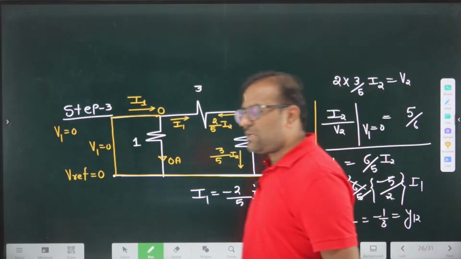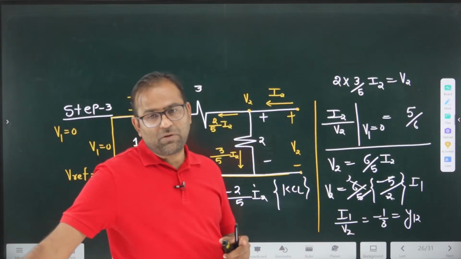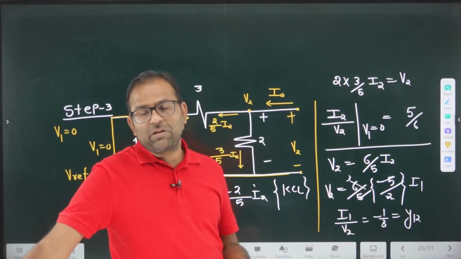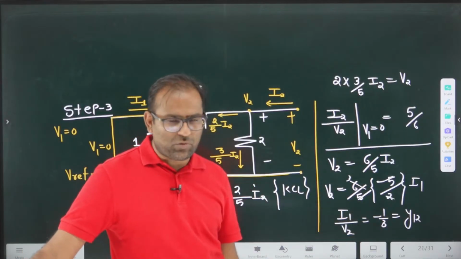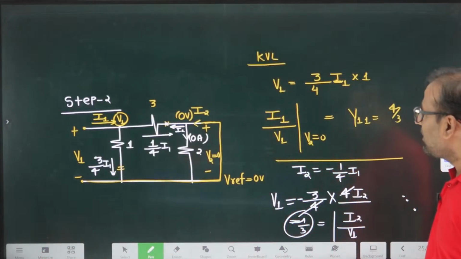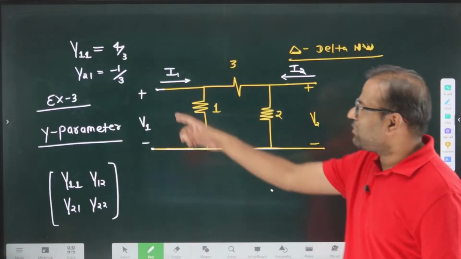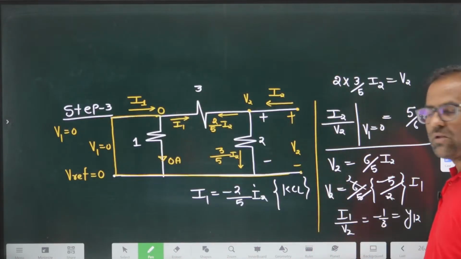As we know that this network is a pure resistive network, and all pure resistive networks are reciprocal, we don't need to calculate Y12 because Y12 is the same as Y21. Here the value is minus 1 by 3, and when you go back here it is also minus 1 by 3.